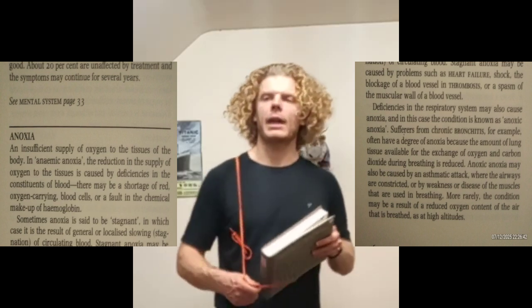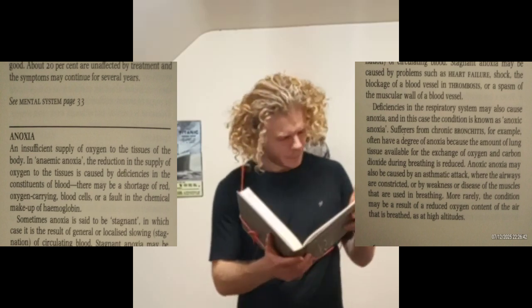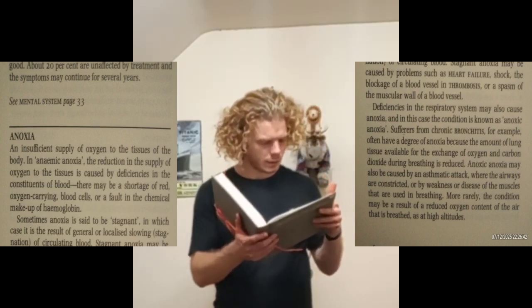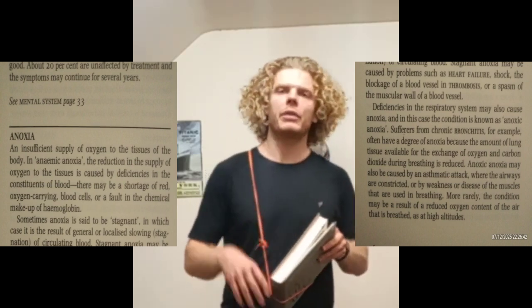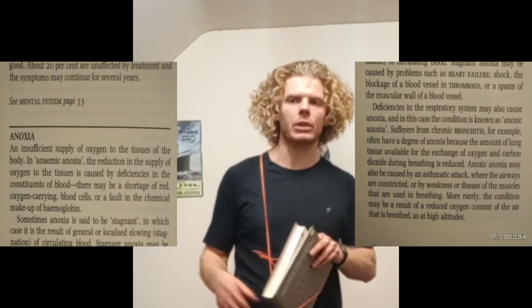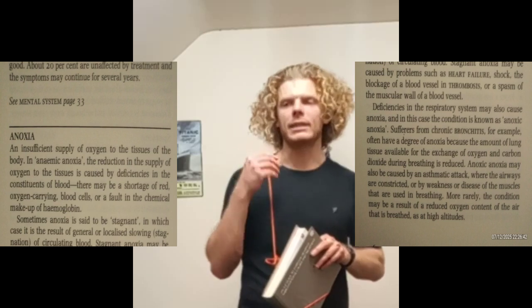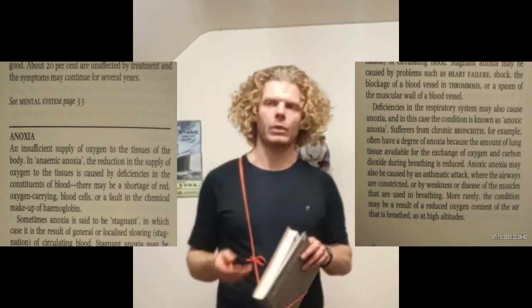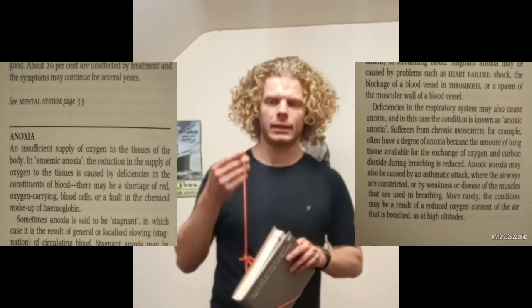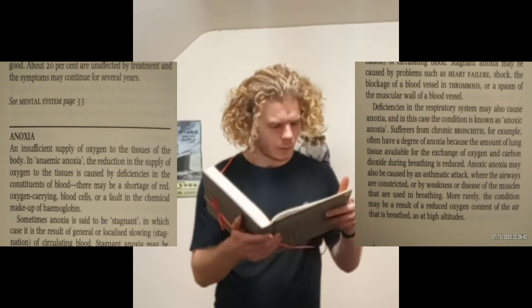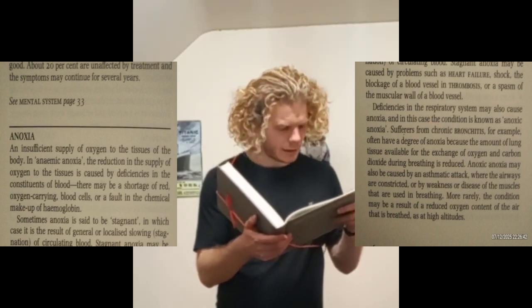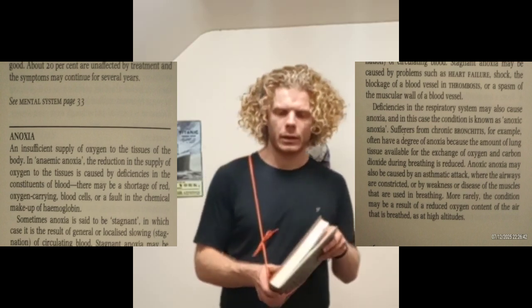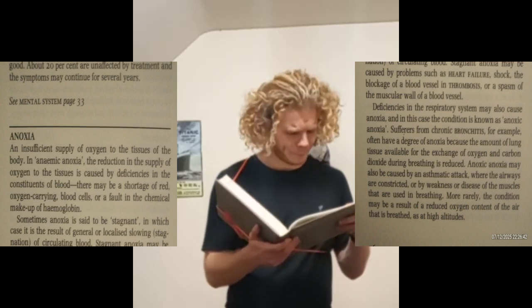There can be anemic anoxia, that is when anoxia is caused through a deficiency in the hemoglobin cells, which are normally transporting the oxygen to the body. There can be stagnant anoxia, where for some reason the circulation of the blood is slower. It is the result of general or localized slowing of circulating blood.